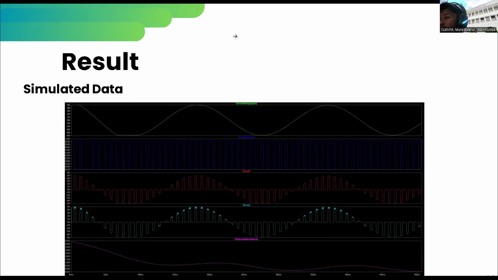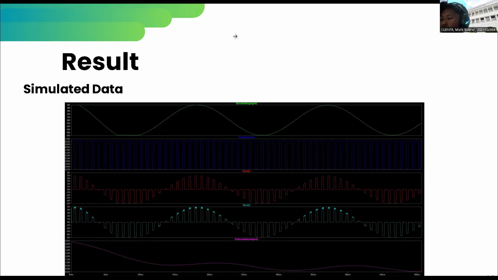The fourth waveform shows the sample and hold output after the demodulating circuit, which holds the amplitude of each pulse, producing a stepped approximation of the original signal.